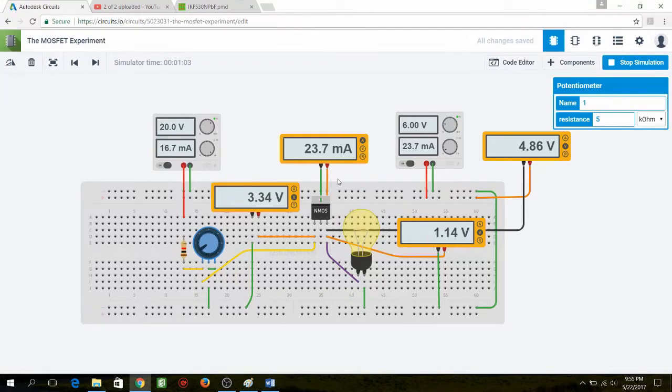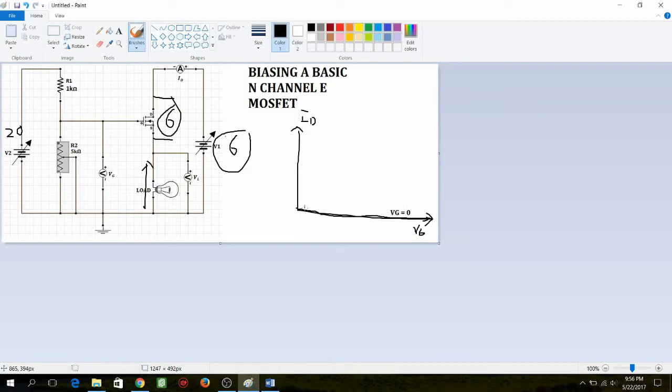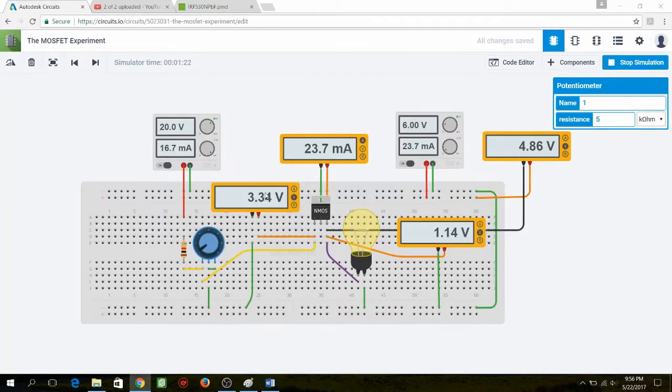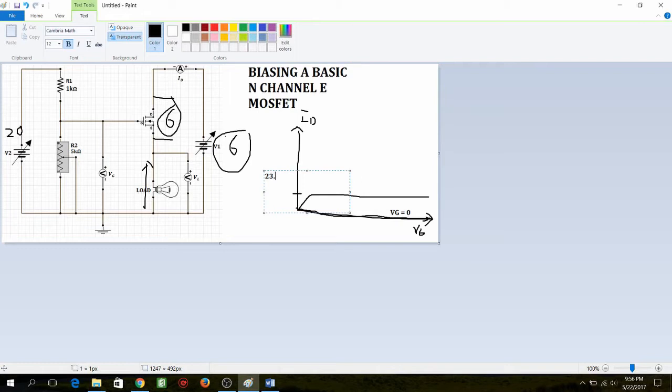Do you understand? So if you want to draw it like this, at 3.3, this is, for example, 23.7 milliamp, equal to 3.34.